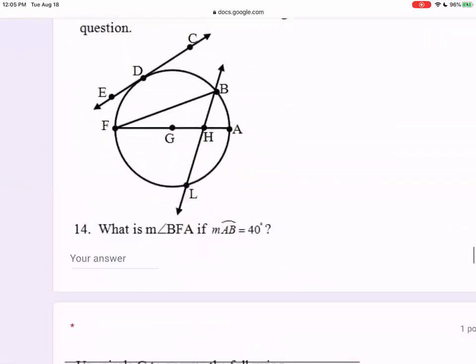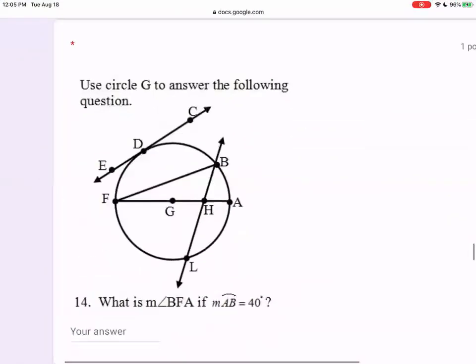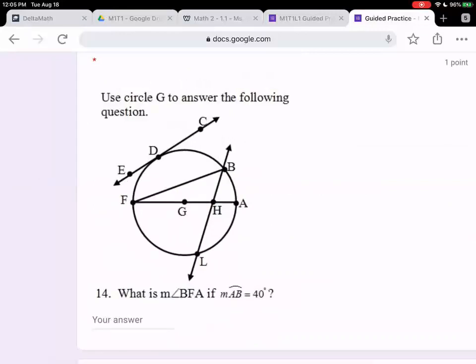Okay, use circle G to answer the following question. What is the measure of angle BFA if the measure of arc AB is 40? In this situation, the measure of arc AB is 40 degrees. So the little curvy part between A and B is 40 degrees.